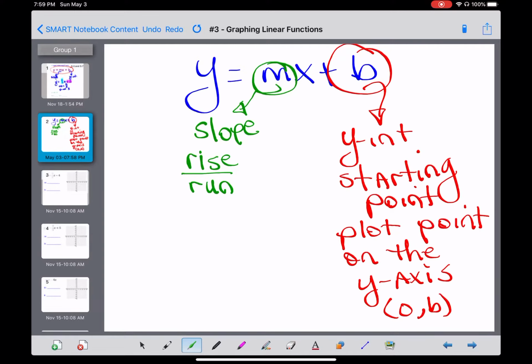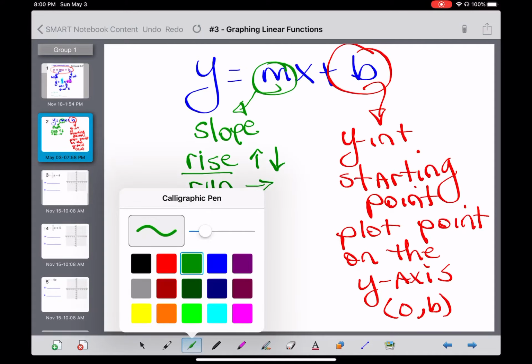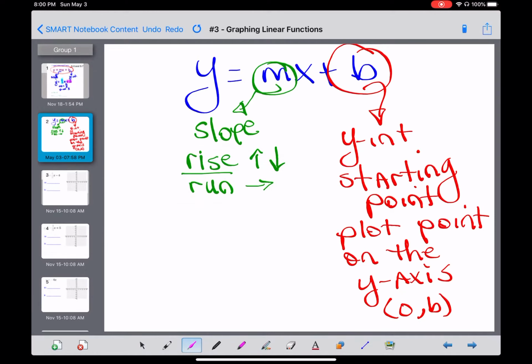The rise is the one that tells you if you're going up or going down. But you're always, always, always going to go to the right. So if I have a positive slope, that means I am going to go up from my starting point and then go to the right.